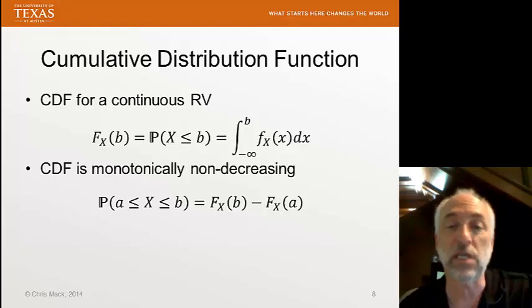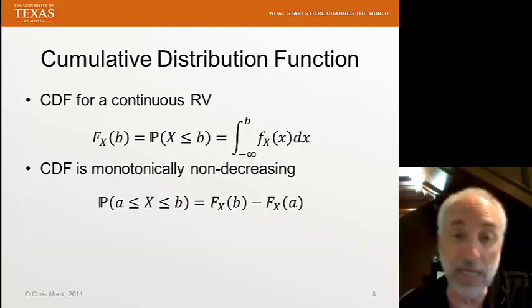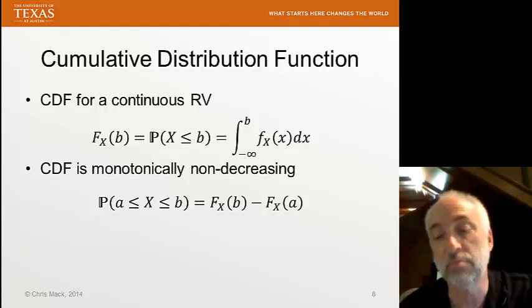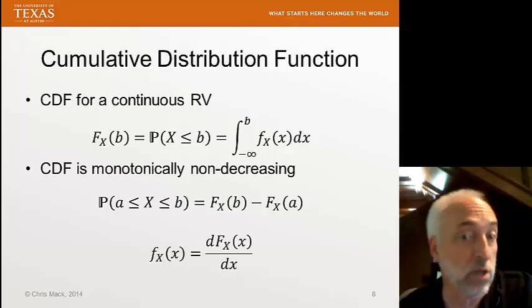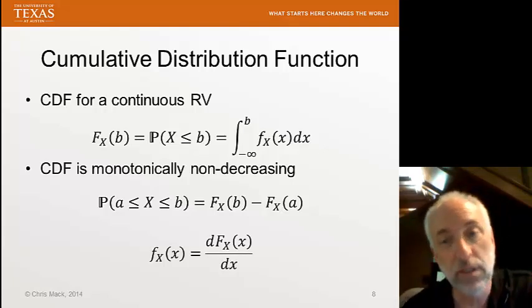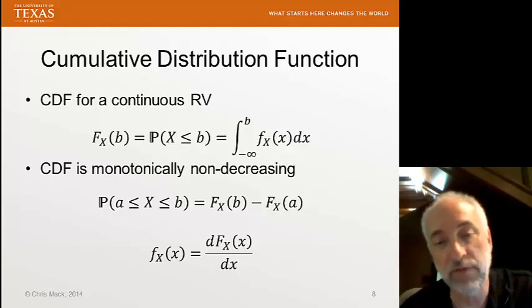So once I know the CDF, I can calculate the probability over any range whatsoever by simply taking the difference between two numbers. And it's also interesting to note that the PDF is simply the derivative of the CDF.